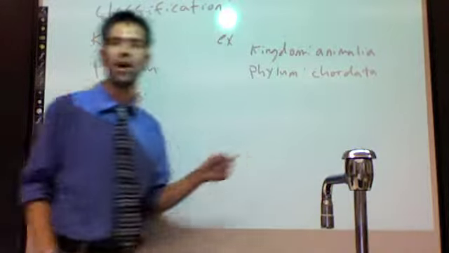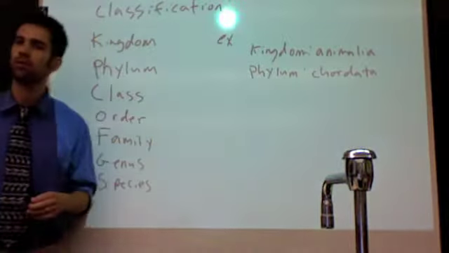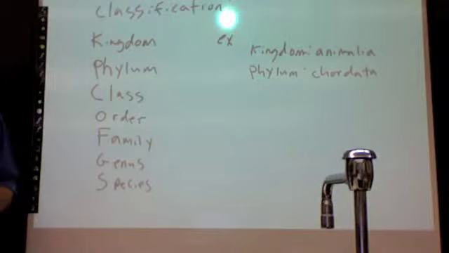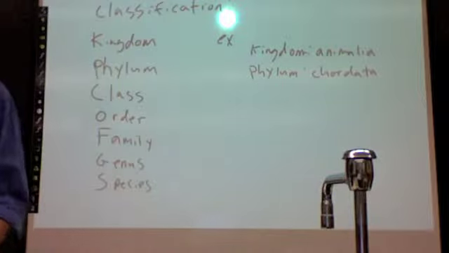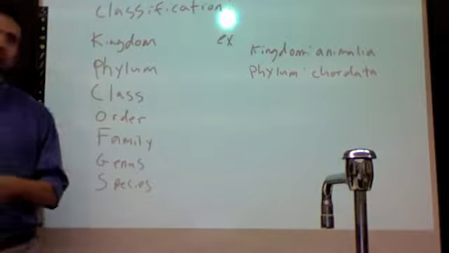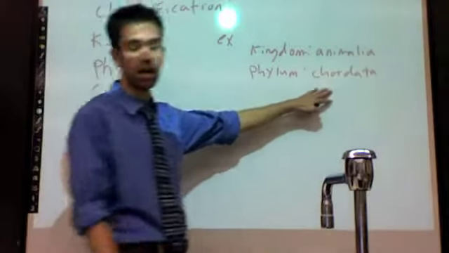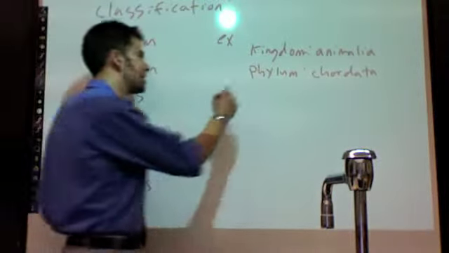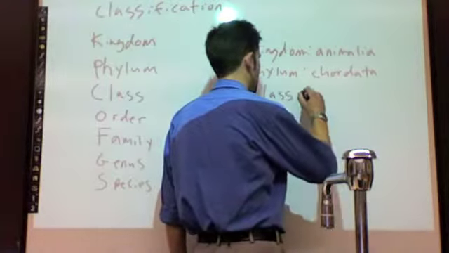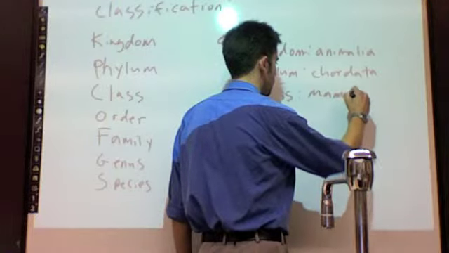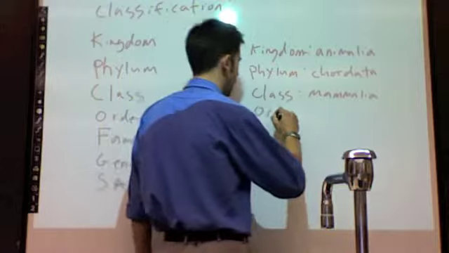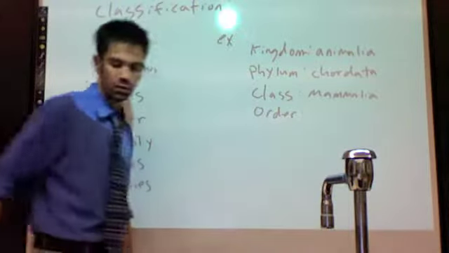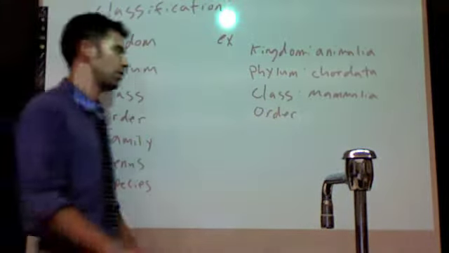Who knows what phylum that refers to? Chordates. Vertebrates. Chordata, the notochord, the hollow elongated spine, okay, with nerves running through it. Phylum Chordata, vertebrates. Okay, class, this one you know, Mammalia. Order, Carnivora.